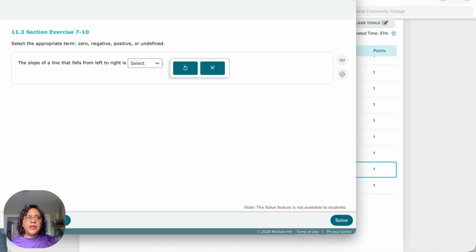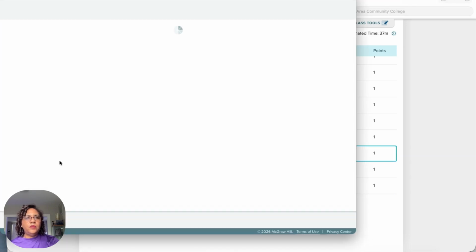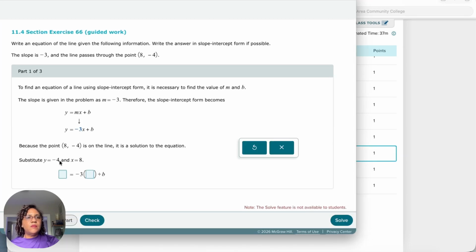You need to know those facts about slope. 4. Again, you need to know how to apply y equals mx plus b and where those numbers go, so that you can find the equation of the line. These are just points you plug in.